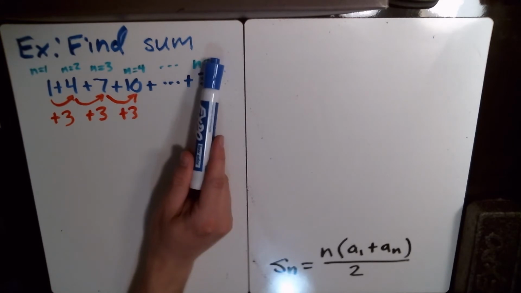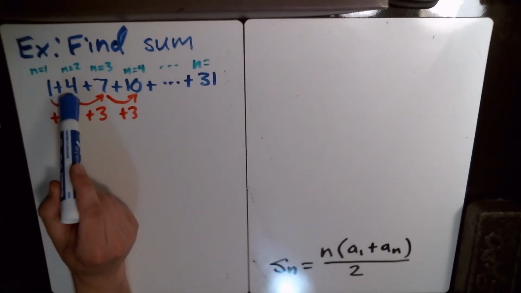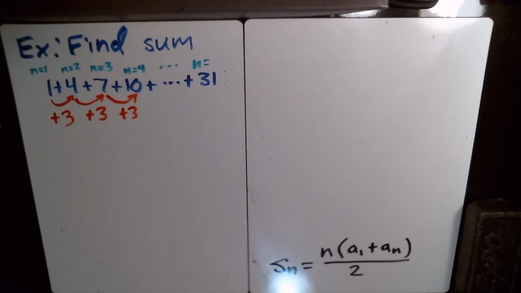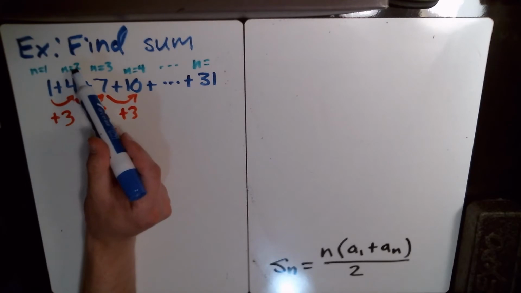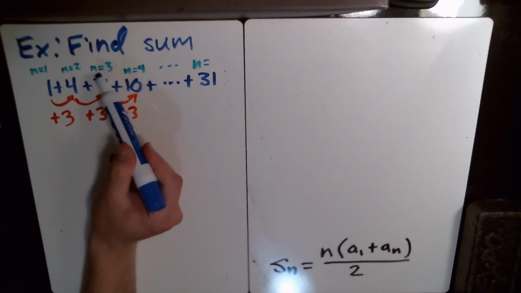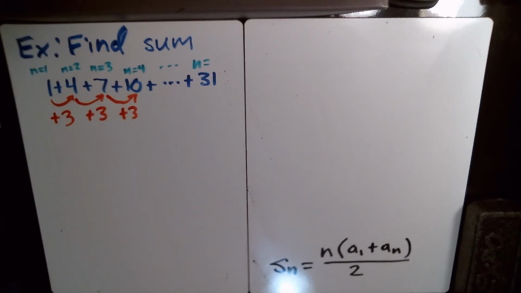In order to figure out what n is, we need to know a formula for this sequence. What's the sequence that when you plug in 1, you get 1, when you plug in 2, you get 4, when you plug in 3, you get 7, and so on?